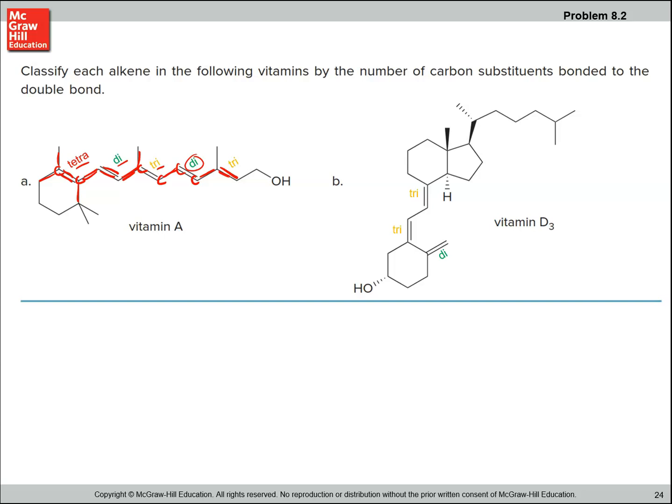Here we have our double bond, 1, 2, 3, so that's tri. And here we just have 3 different positions, a carbon here and a carbon here, 1, 2, 3, that's tri. Carbon here, 1, 2, 3, that's tri. Carbon here and here, 1 and 2, that's di. So with vitamin A and D3, this is how we would classify each of those alkenes.